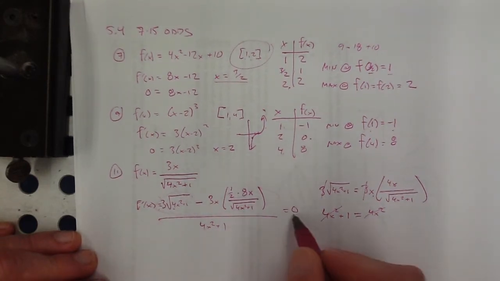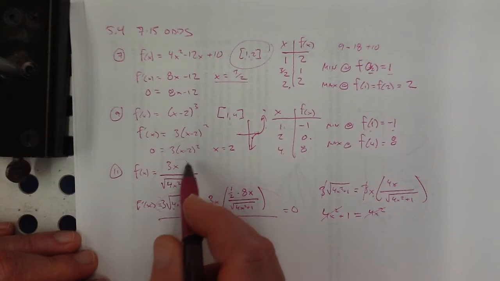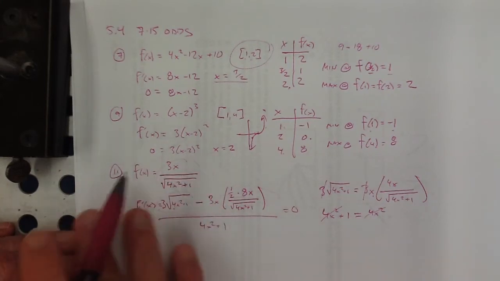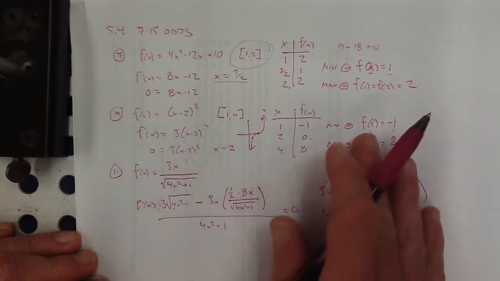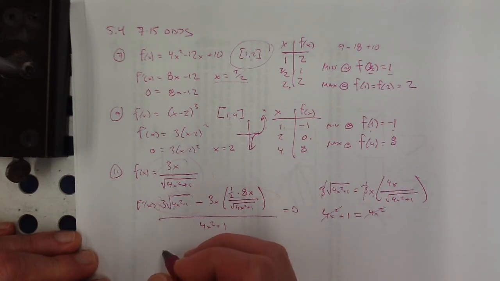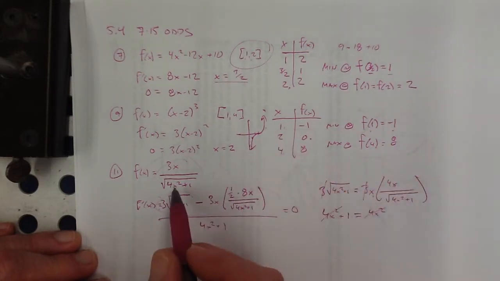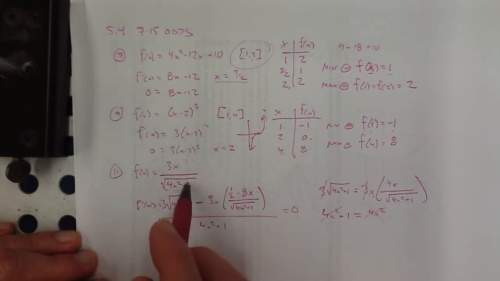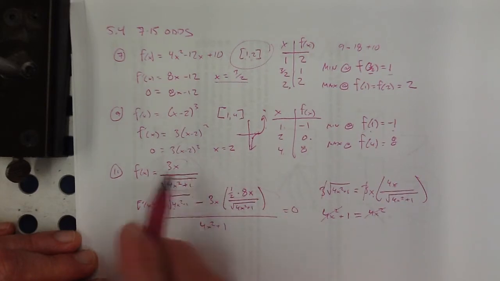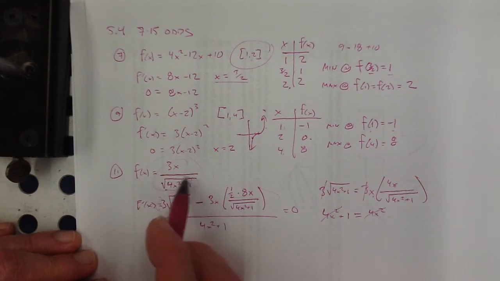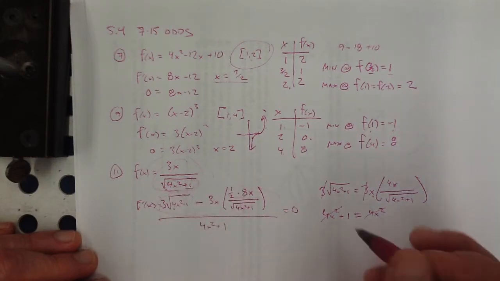So there are no places where the derivative of this is equal to 0. It doesn't have any critical points. And you might be thinking, but what about undefined, Mr. McGrath? Well, if there were any things that made the denominator of this equal to 0, then they wouldn't be in the domain. And anyway, 4x squared is 0 at a minimum, and then plus 1, so that's always positive at least.